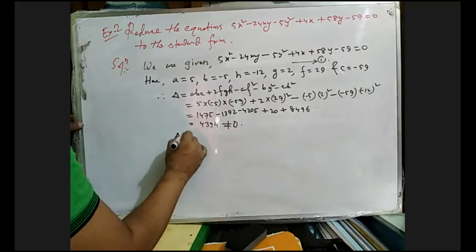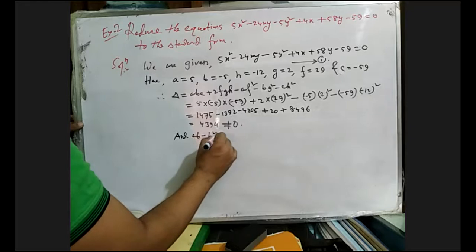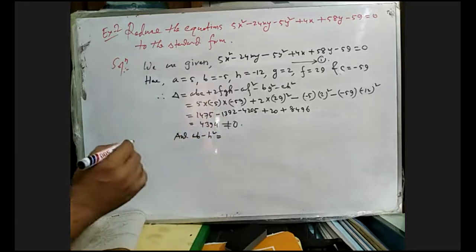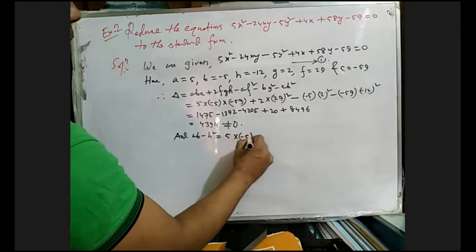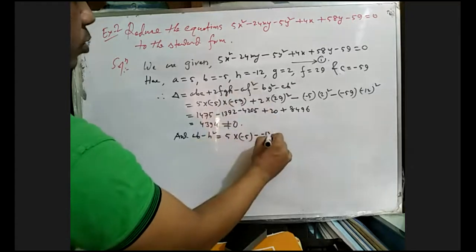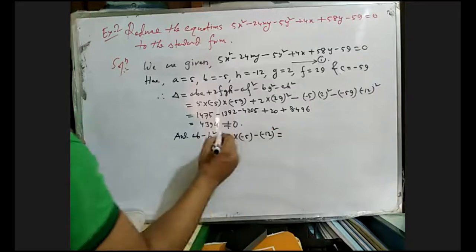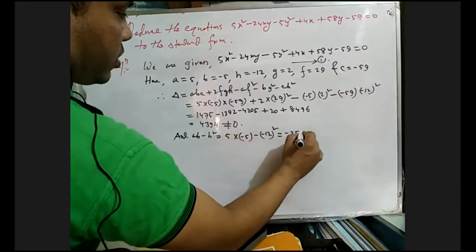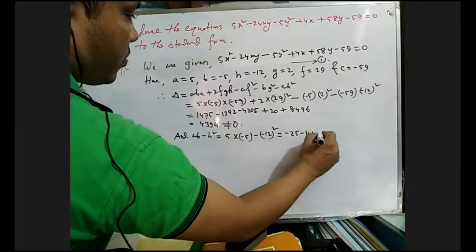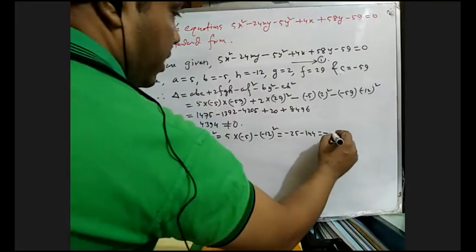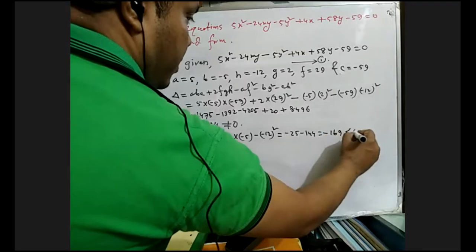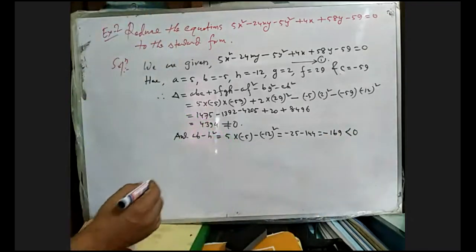And AB minus H square equals what? AB means 5 multiply minus 5, minus minus 12 whole square. This equals minus 25 minus 144, that means minus 169, which is negative, less than 0.